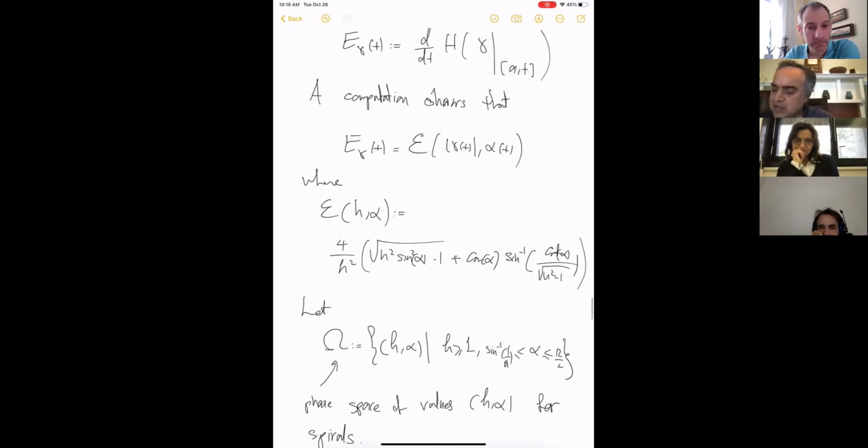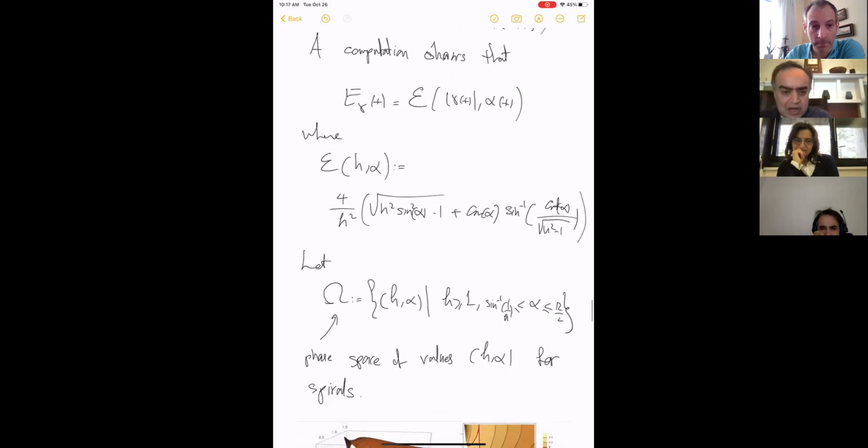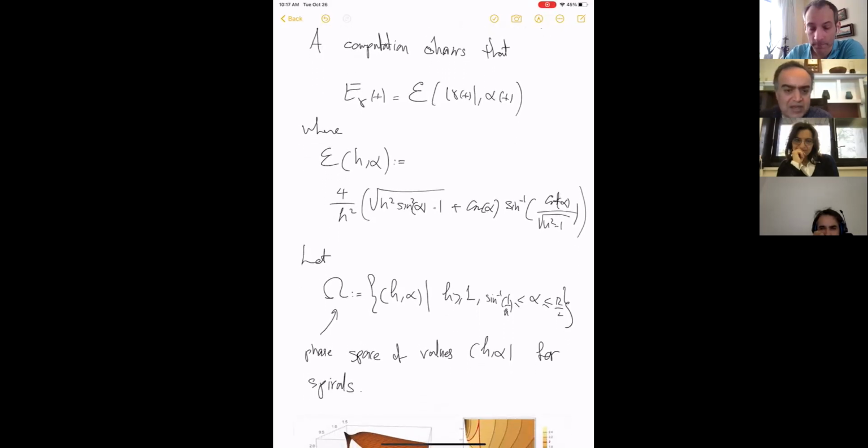It depends only on the height of the curve plus this angle. Now, this region omega is the set of all possible heights and angles for a length minimizing curve that inspects the sphere.